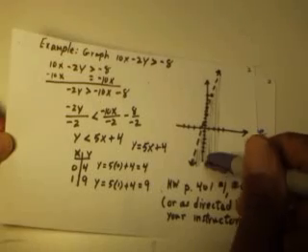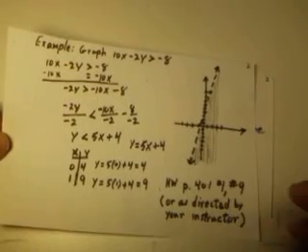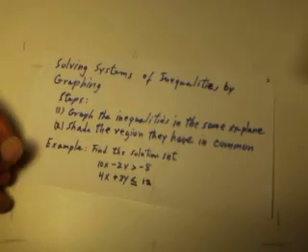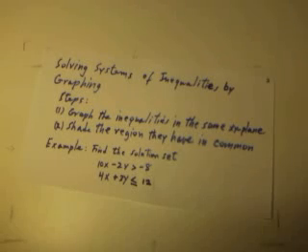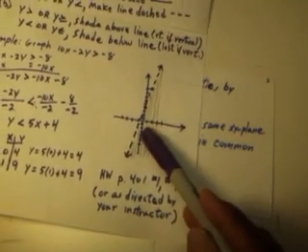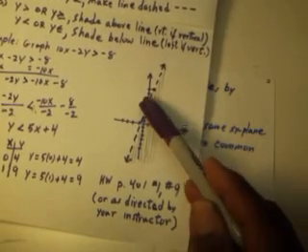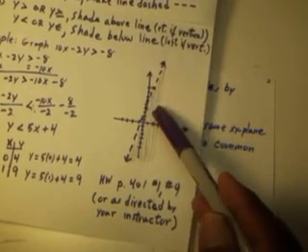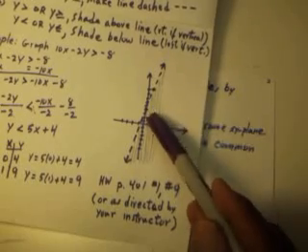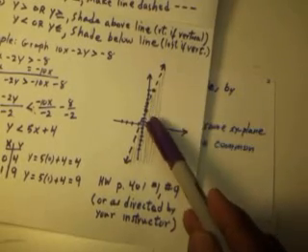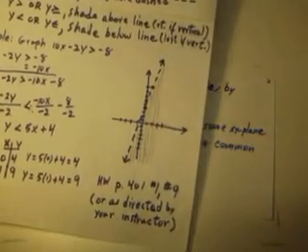So we've done the first equation in the system. So we have to do the second equation, and we have to put it on that same graph. I'm going to graph the second equation on the same graph, and then my final graph will be the intersection of those two graphs.